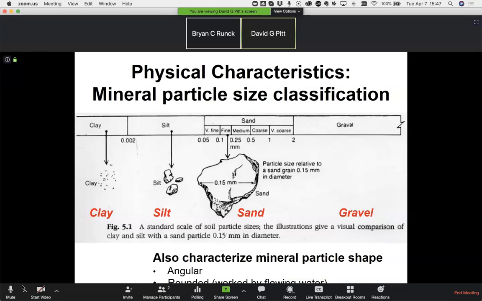In terms of talking about mineral particle size classification, when we're talking about soils, we normally talk about 3 different particle sizes. On the one hand, we can have sand particles that range in diameter from 0.05 millimeters to about 2 millimeters. We can have silt, which are smaller, from 0.05 millimeters down to 0.002 millimeters.